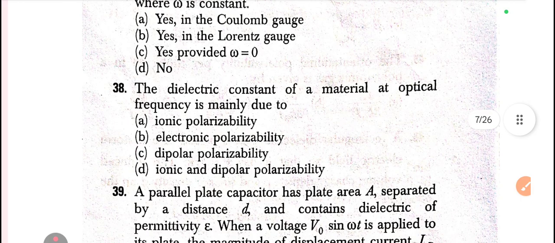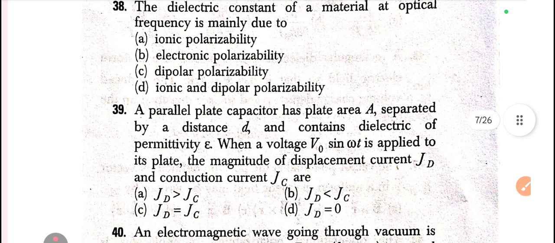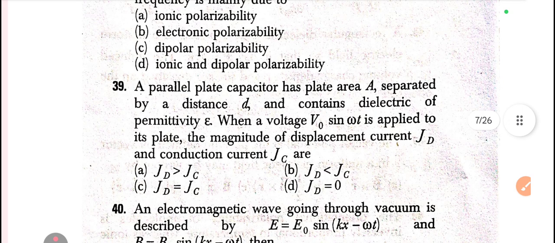The dielectric constant of a material at optical frequency, the correct option for the question number 34 is electronic polarizability.